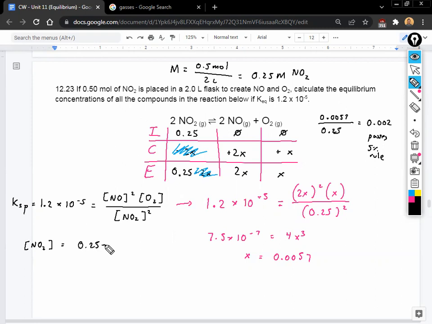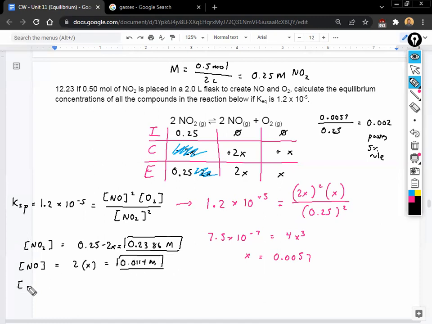That'll give you a concentration of 0.2386 molarity. That's your concentration of NO2. For your concentration of NO, you're just going to do 2x. So 2 times x, that should give you an answer of 0.0114 molarity.